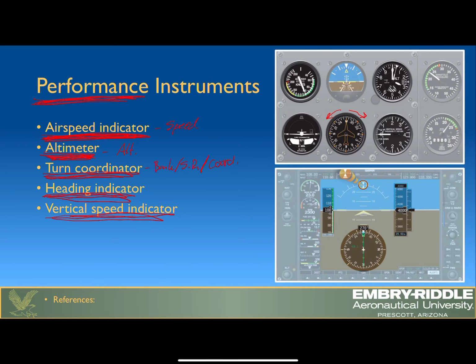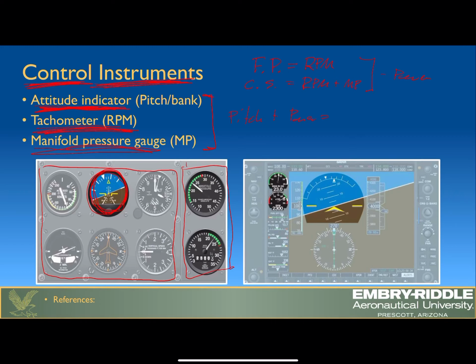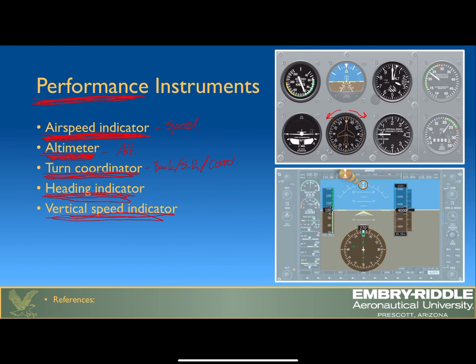They tell us how our aircraft is performing. Control instruments are what we use as control inputs, and then performance instruments tell us how the aircraft is performing based on our control inputs. So that's the control performance method.